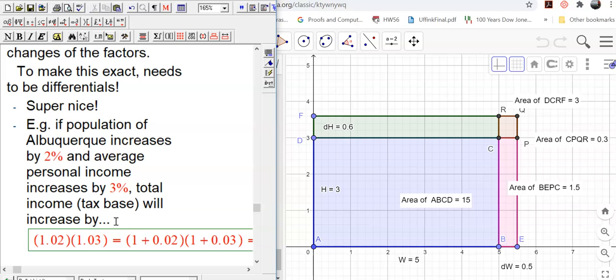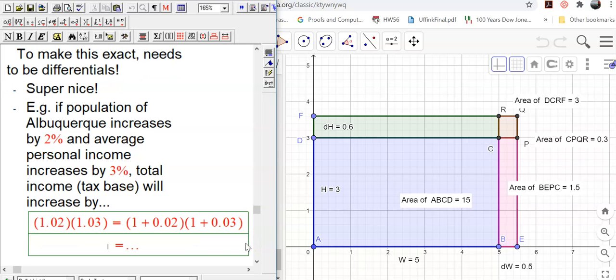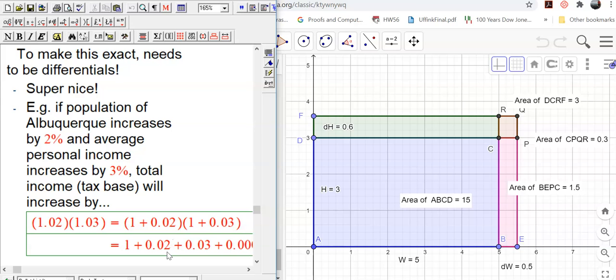What happens if you multiply 1.02 times 1.03 and you use a tiny bit of algebra? I'm going to write that as 1 plus the change times 1 plus the change, and I'm going to FOIL it out. Look what I get. I get 1, that's because that's what's already there, plus 0.02, plus 0.03, plus a very small number, 0.0006.